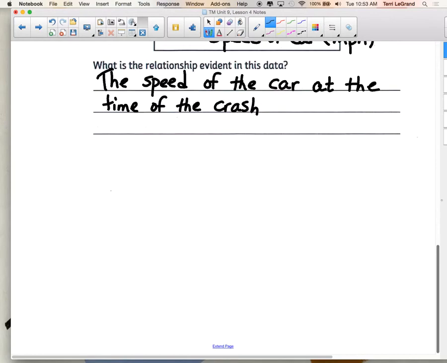It goes from 20 to 1. So we have the speed of the car at the time of the crash. What would we have to do to that 1 to get that 20? Take it times 20, right?